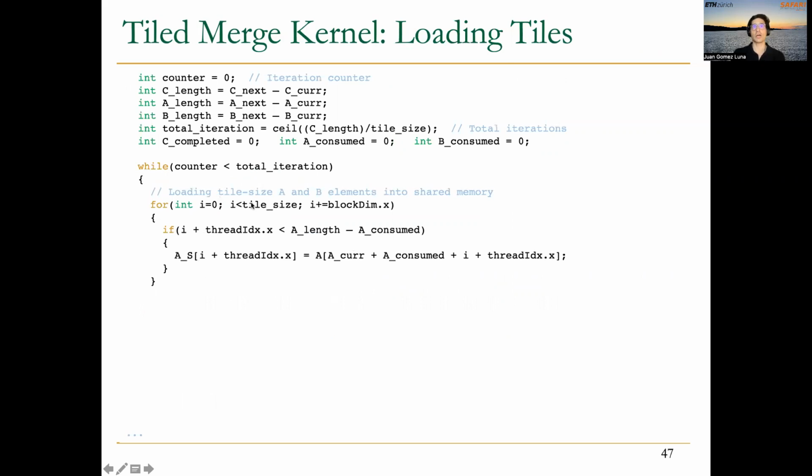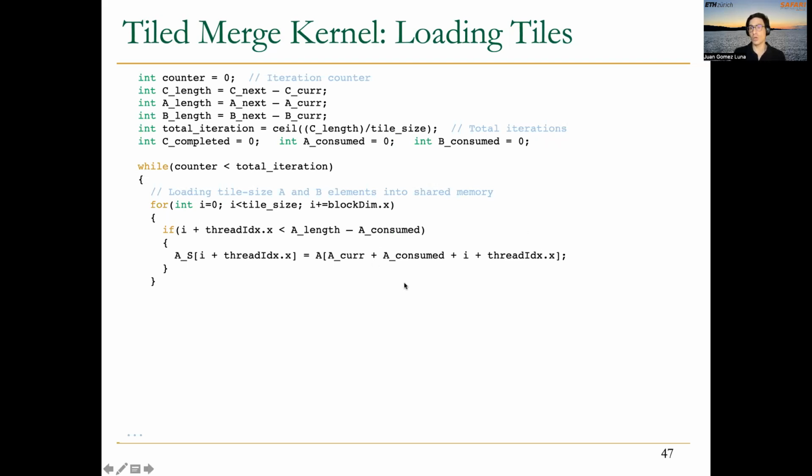We will have the threads of each thread block collaborating in loading one tile of a certain size from the global memory, from this array A, to the shared memory, this array A of S. Note that here we are using as indices the A core, which is the core rank for array A, and this is where the specific section assigned to this thread block starts.